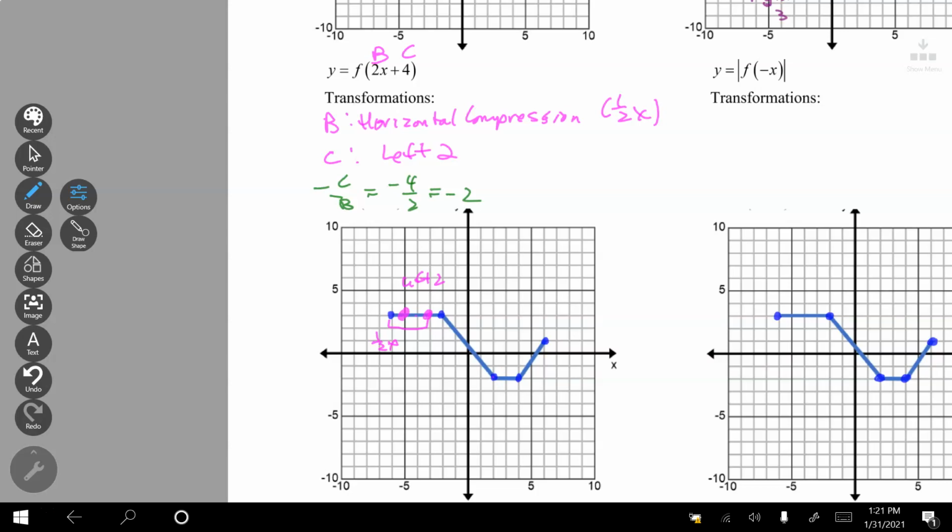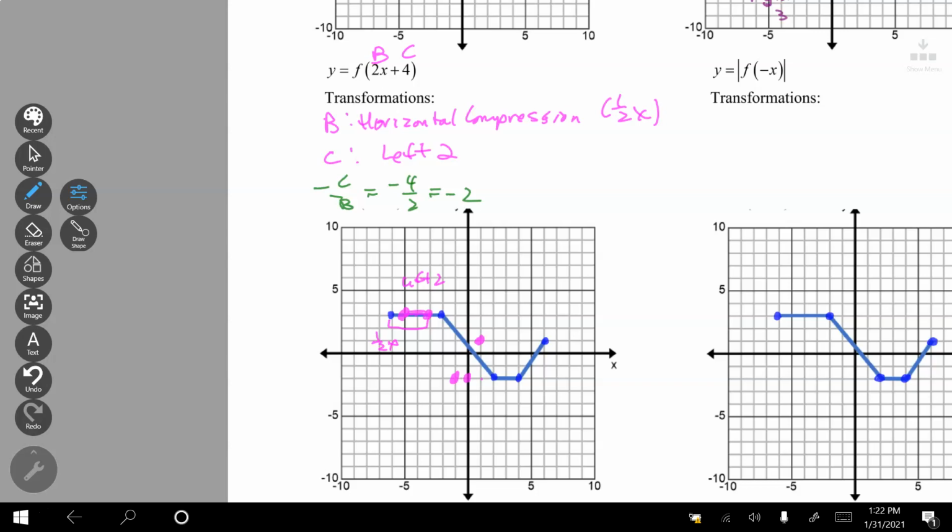This x value is 2. Half of it is at 1. Left 2 is here. This x value is 4, half of it is at 2, left 2 is going to be on the y-axis. And this x value is 6, and half of it is at 3, and then left 2 is at x equals 1. You notice I didn't change any y values, because B and C only change x values.